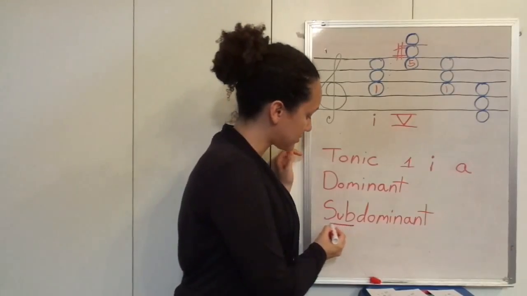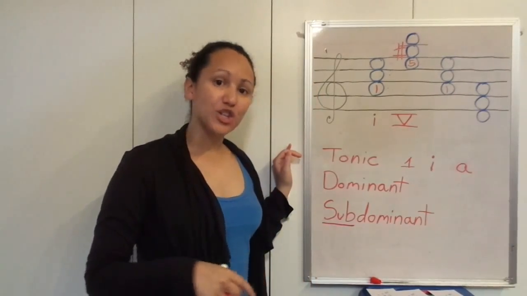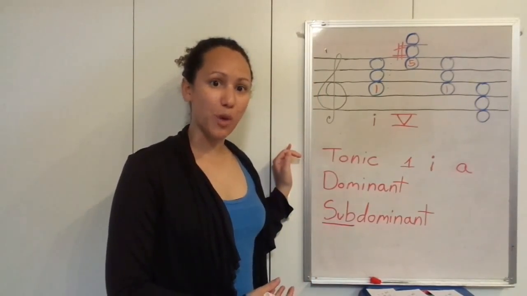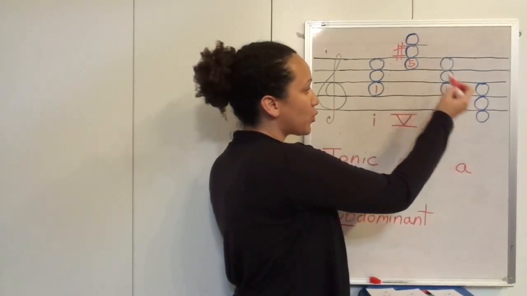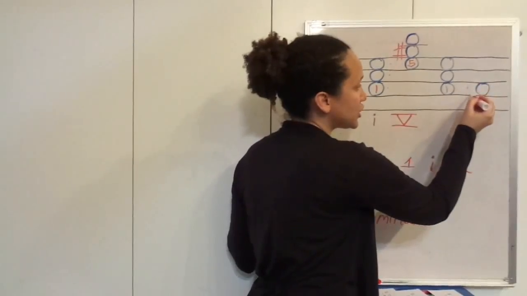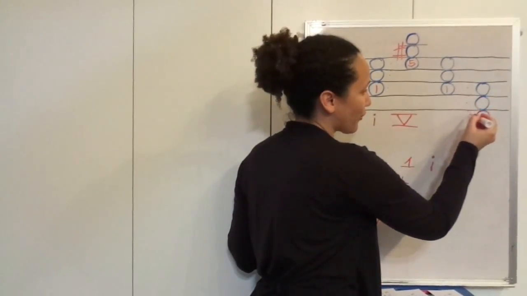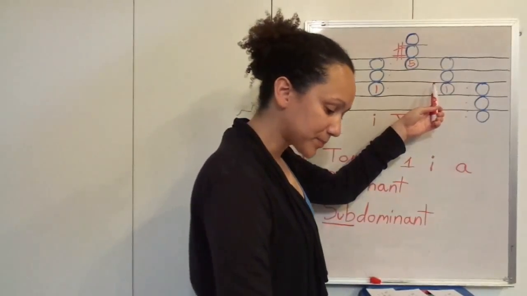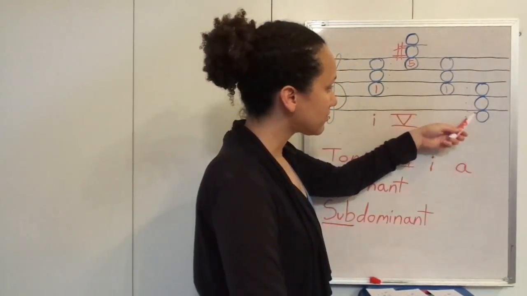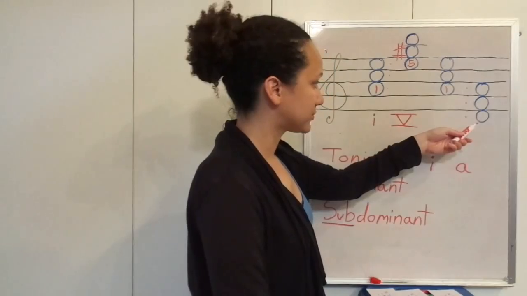Sub means below. So we're going to find the chord that dominates from below. Now, just as the 5 is a 5th above, we're going to find a 5th below. 1, 2, 3, 4, 5. And that gives us our D. So here's our A, and here's our D chord.